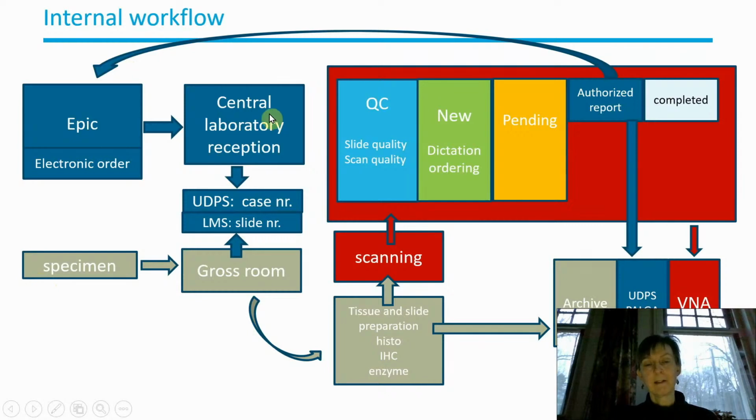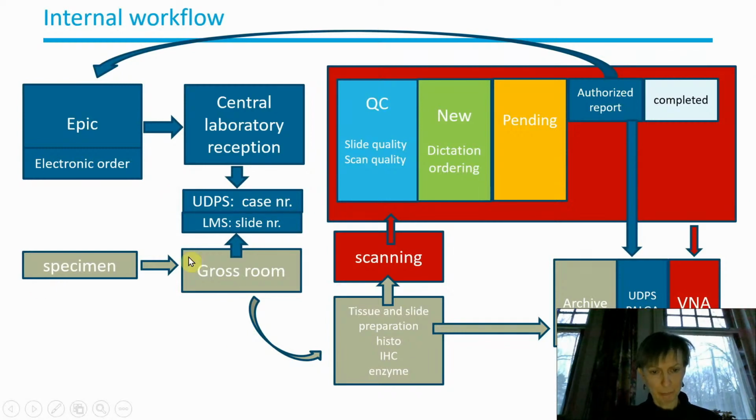And this is received in a central laboratory reception, where every case is assigned a unique number, and this is a number that is derived from our national pathology database, POLGA. And this is the number where you can follow the whole case through the system.